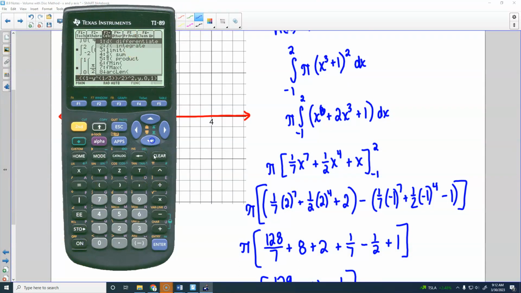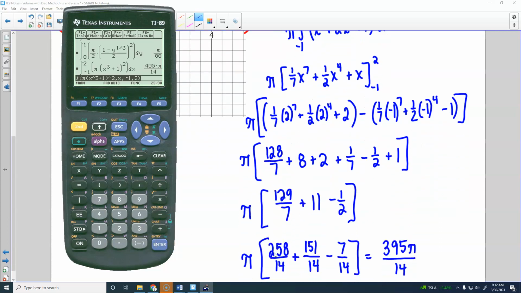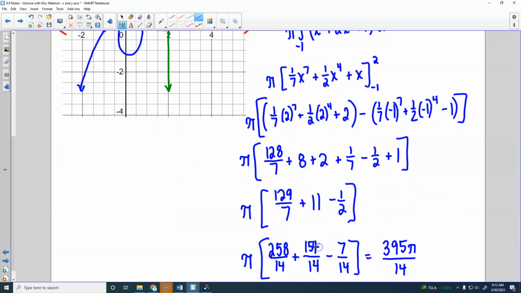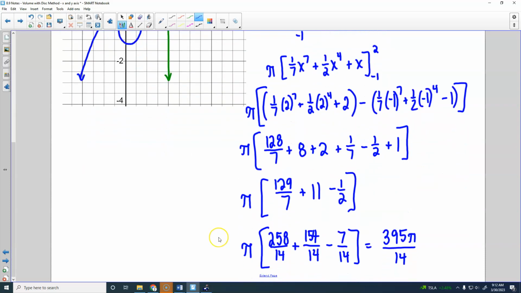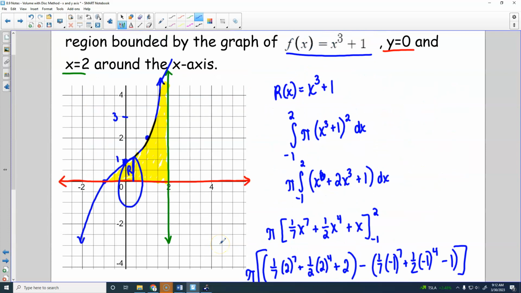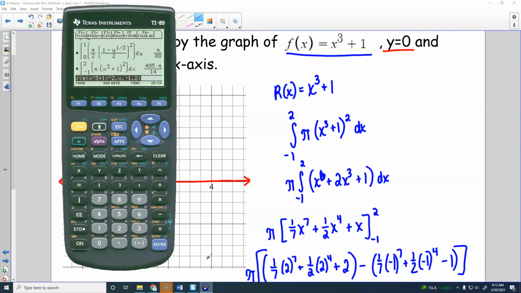So, integrate pi times x to the third plus 1 squared, comma, x, comma, negative 1, comma, 2. Still didn't give me the right answer. Yeah, the calculator gives you 405.